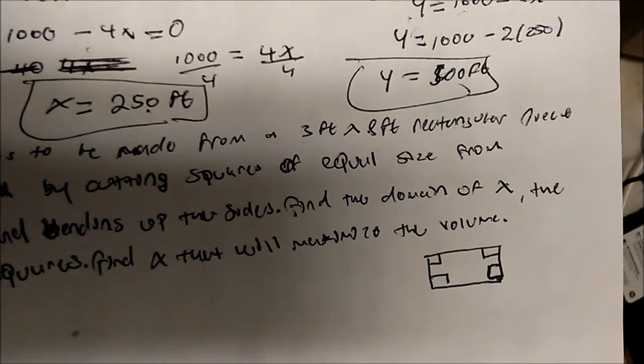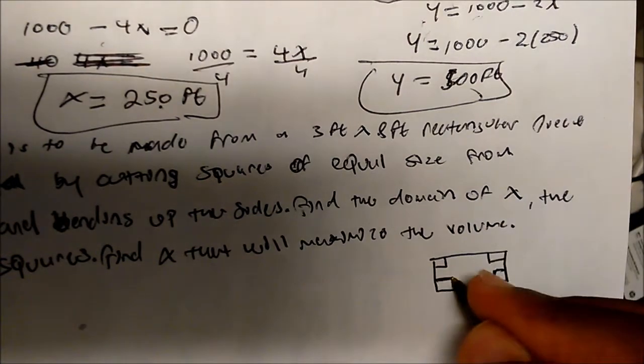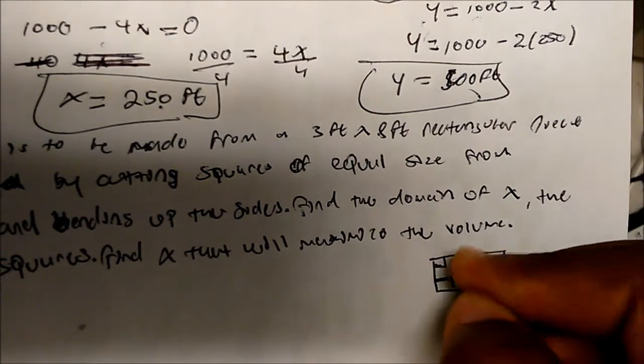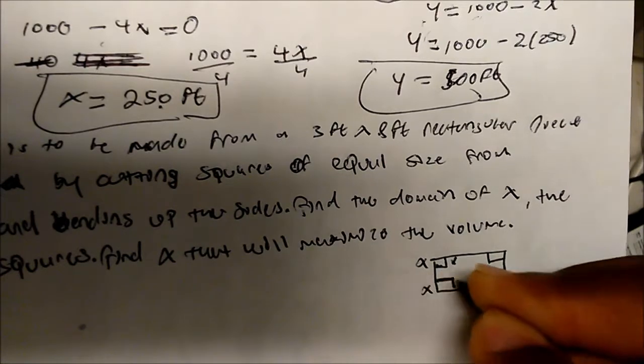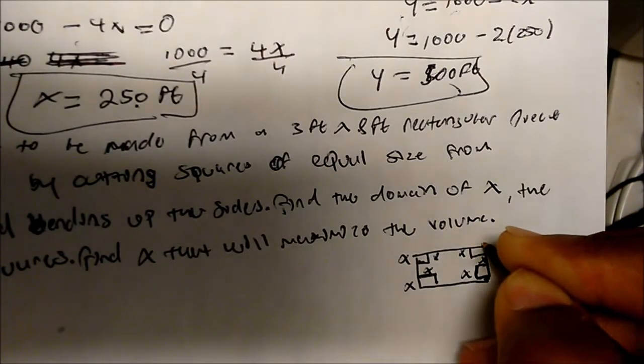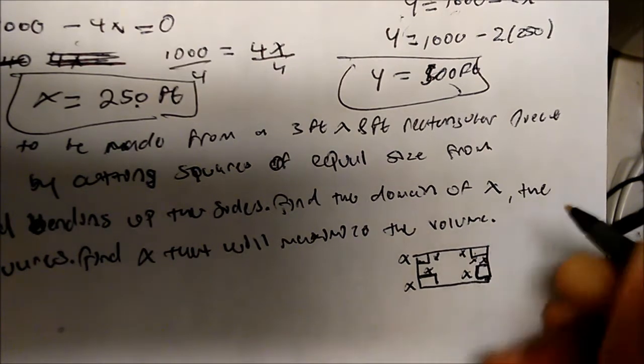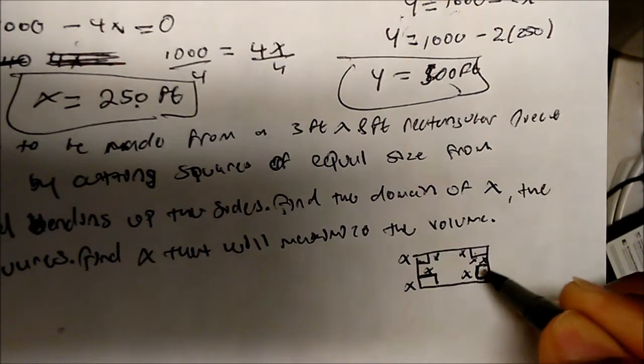Now we're going to find x that will maximize your volume. So if we're cutting out squares on each side, does it make sense that I could call these x? This is an x, and an x at each corner. There should be an x here for this one, x here for this one.